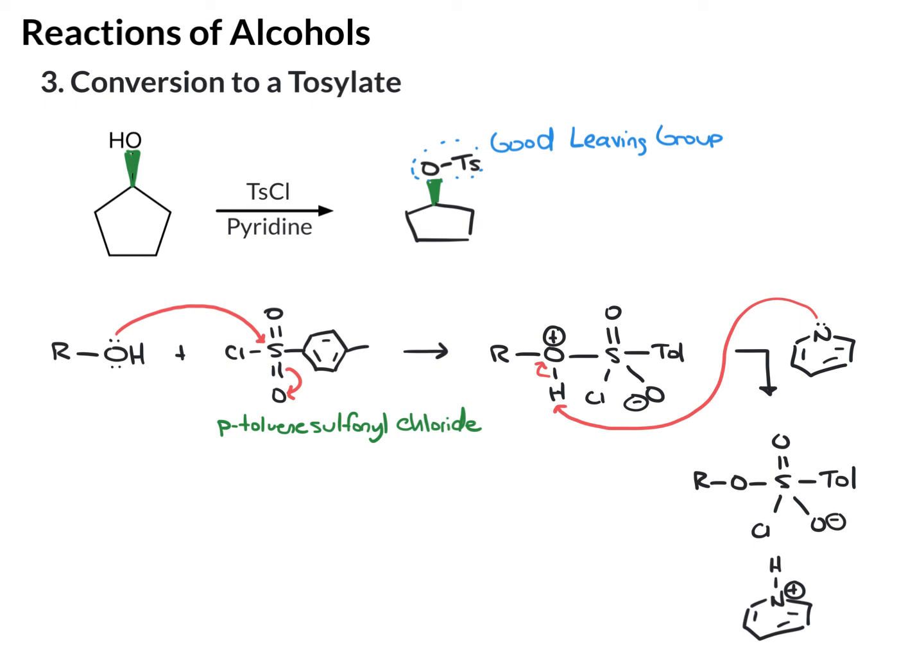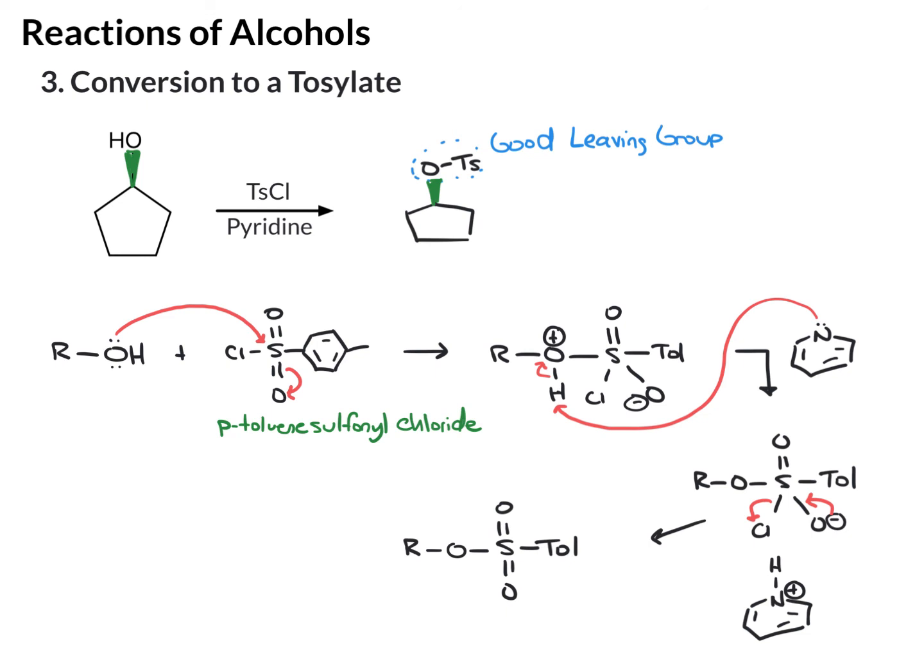We're still not at a neutral structure because we have the O minus. So the next thing that happens is the negative charge on that oxygen comes back down to form the double bond, and then you lose Cl as a leaving group from the sulfur. What we end up with is the S double bond O and the toluene group.